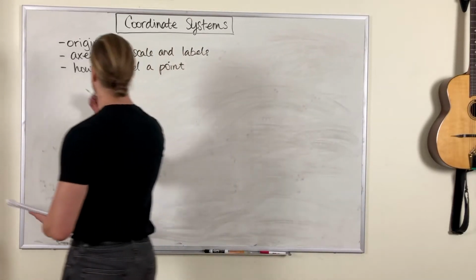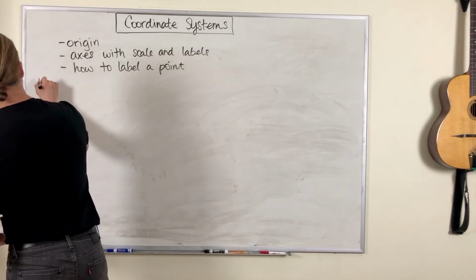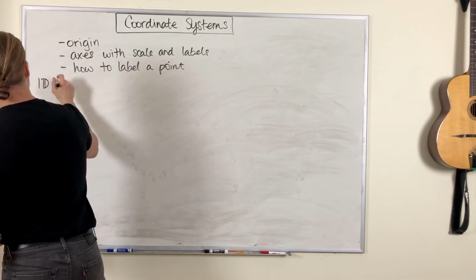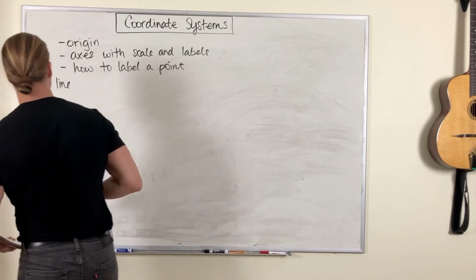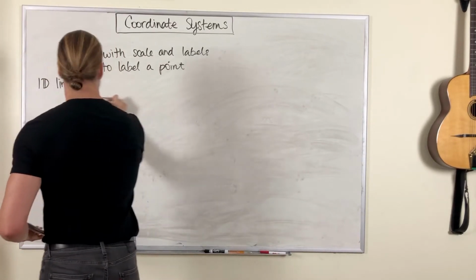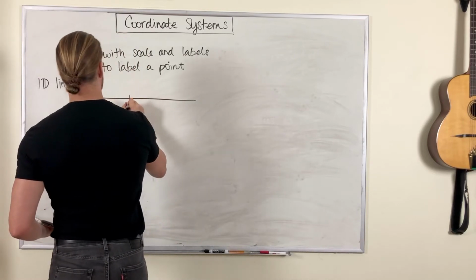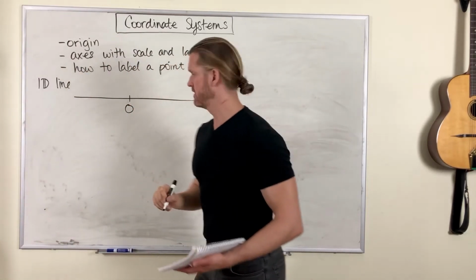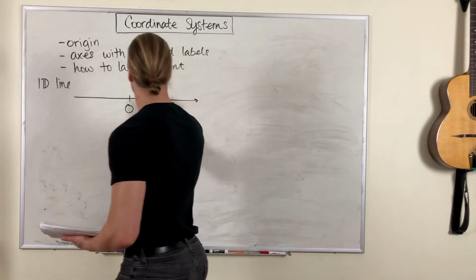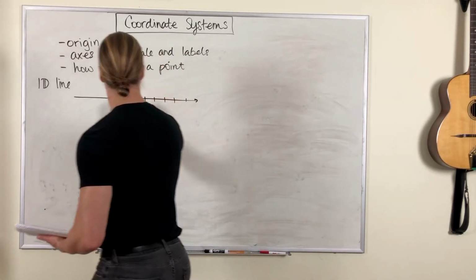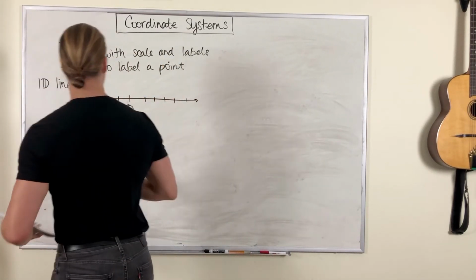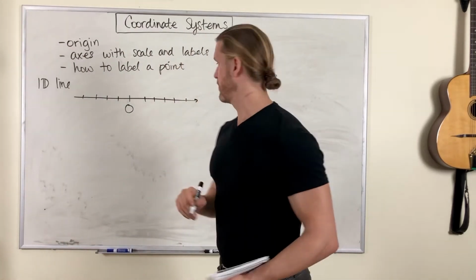There's a 1D, one-dimensional. That just looks like a line. You got your origin here, and you have some sort of scale with markings to indicate distance from that origin.